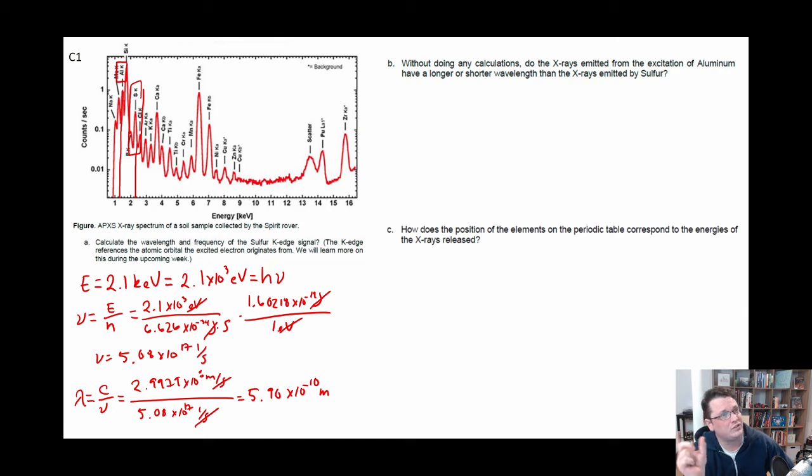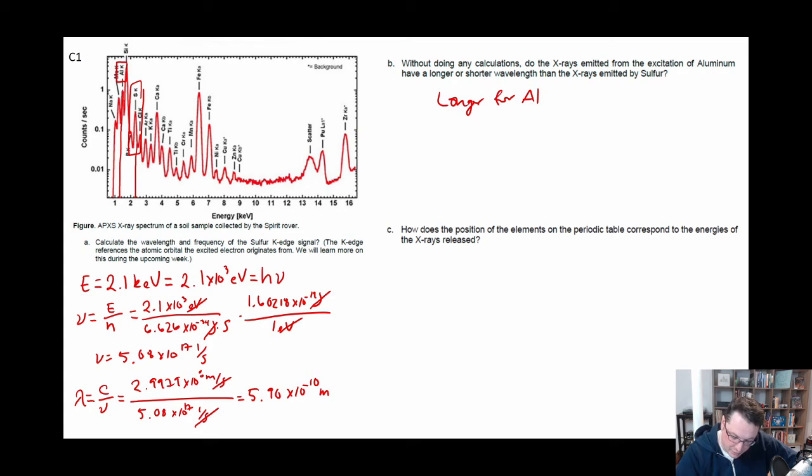Remember the inverse relationship between wavelength and energy: frequency scales with energy, whereas wavelength has an inverse relationship. So the wavelength would be longer for aluminum.